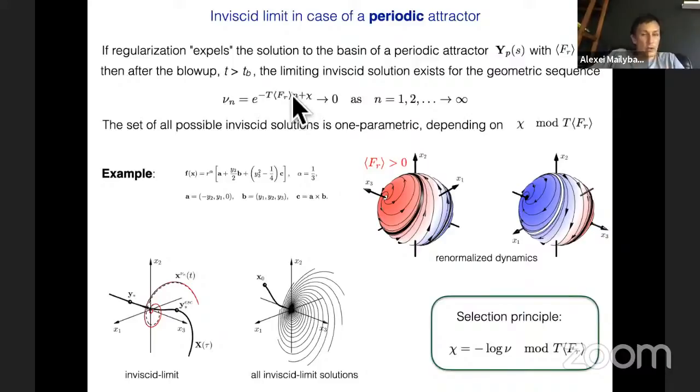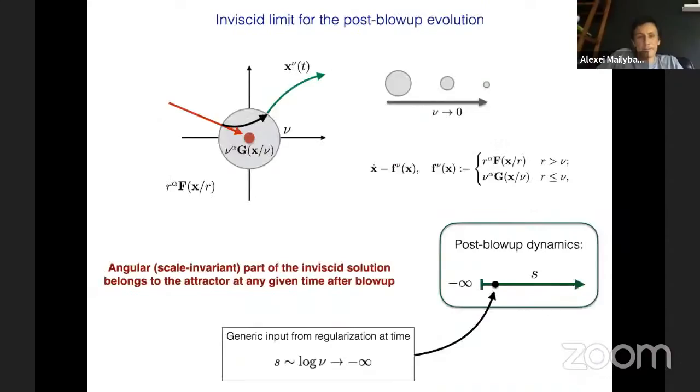So if you take nu as an exponent with some prefactor chi, multiplied by n, plus a parameter, n going 1, 2, 3 and so on, this is a geometric sequence going to 0 as n goes to infinity. Then there is a limit. But this limit is different for different parameters chi. So there are different limits for different subsequences.